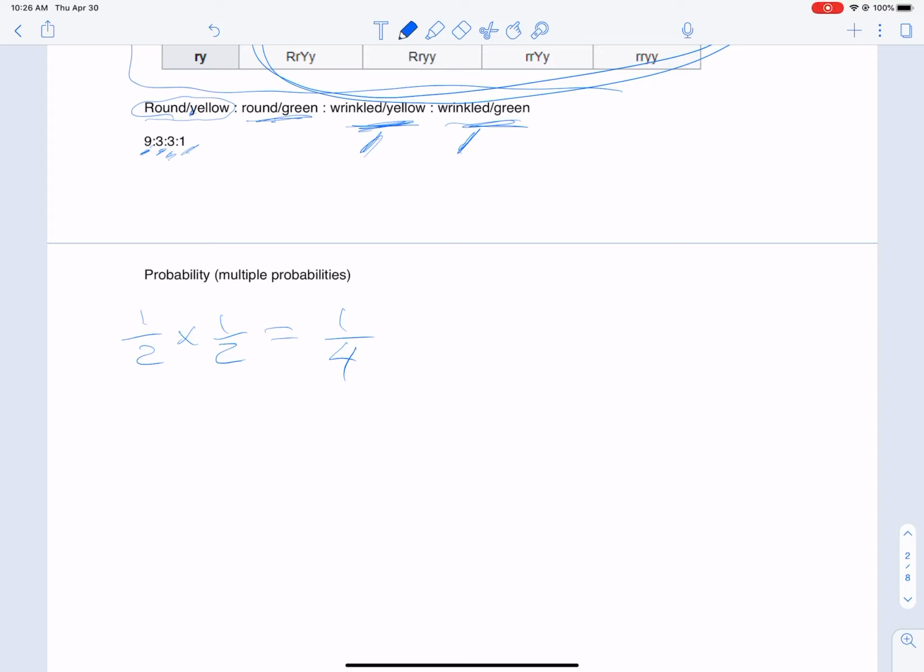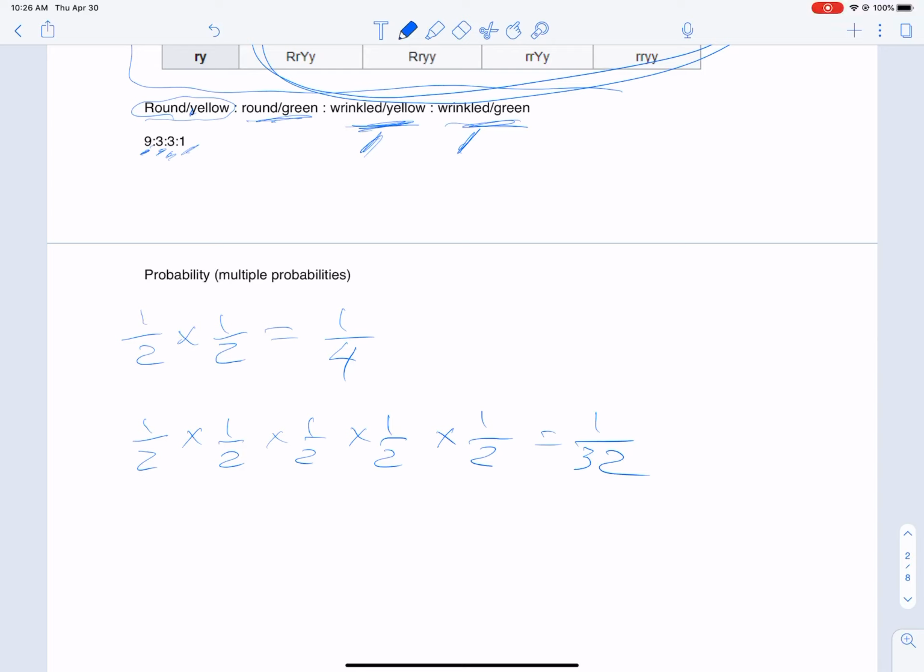My sister had 5 girls in a row. Before she started, if you said, what are the probabilities that you'd have 5 girls in a row? It would be 1/2 for the first girl, 1/2 for the second, third, fourth, and fifth. 2, 4, 8, 16, 32. 1 out of 32. Okay?